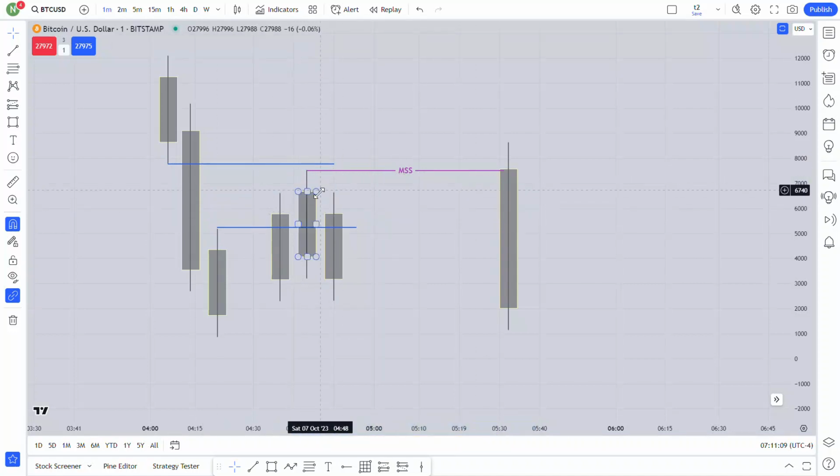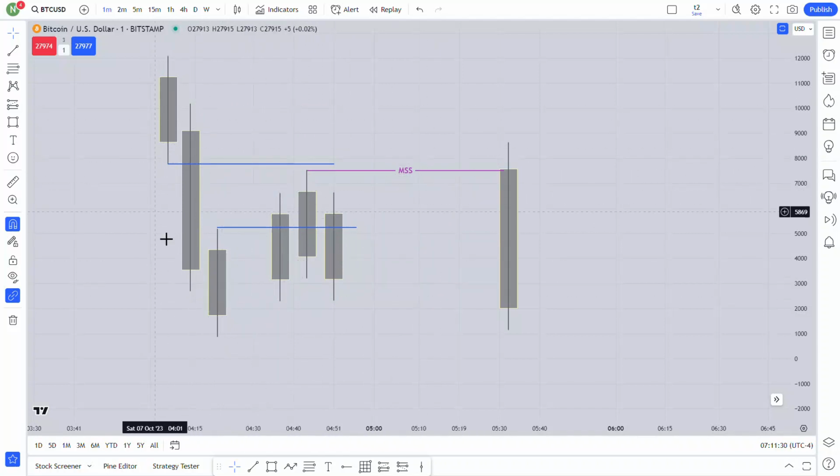If you see a swing high which has traded this fair value gap, it is eligible for market structure shift. It doesn't need to have one swing high on its left and on its right. Okay, if it traded this fair value gap, then this is eligible for shifting market structure.